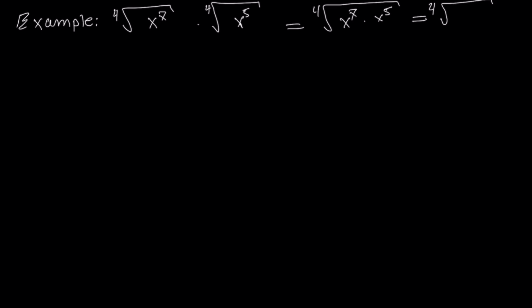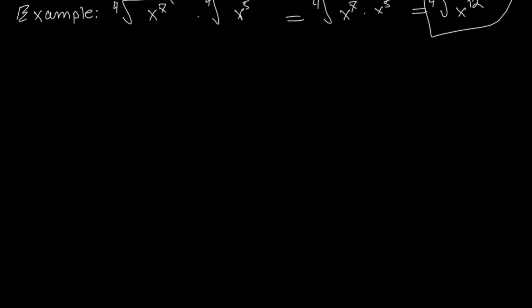So fourth root of x, 7 plus 5 will make it 12. So that is the answer for that. Simple. That is only when the degree or the index number is the same. Okay, what if the index number is not the same? We will discuss that in the next example.